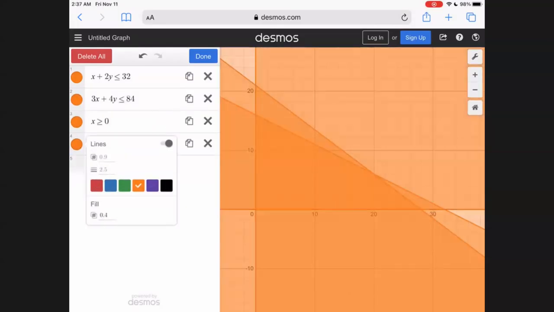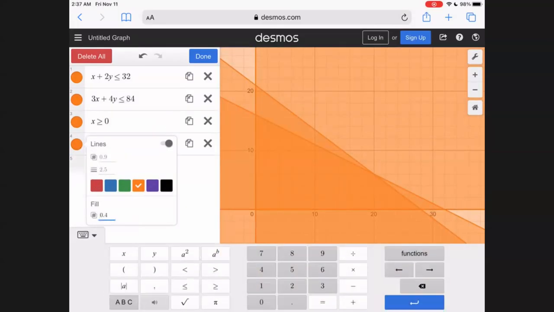Right? And I can even change the fill value if I want it to be not as dark. Like let's say I put this as 1, what happens? It's super dark. I can't really tell any fill, right? So I could do a little bit lighter, like 0.2.